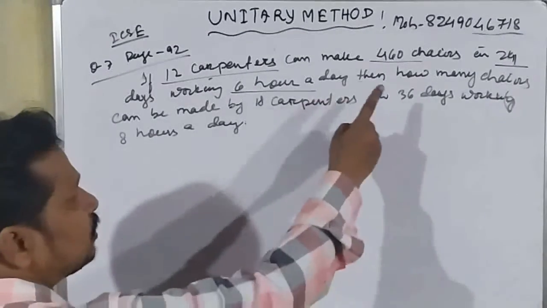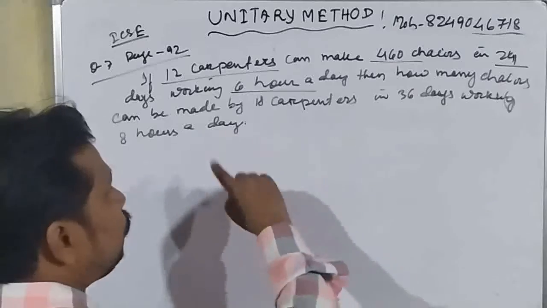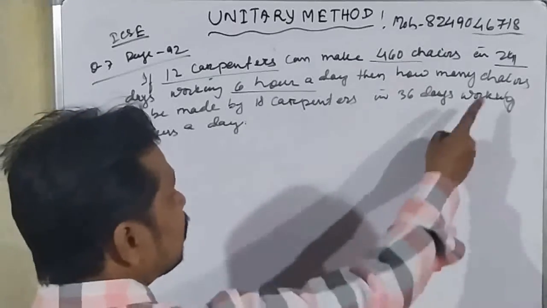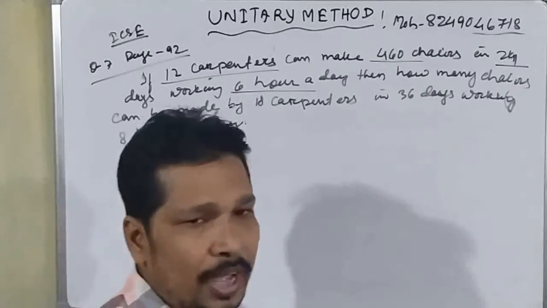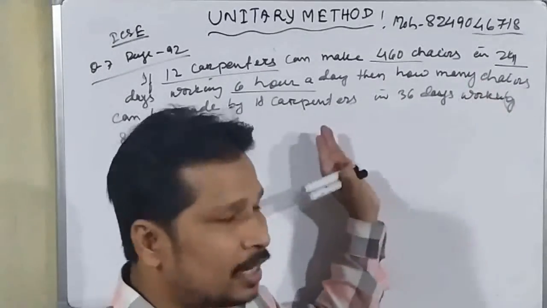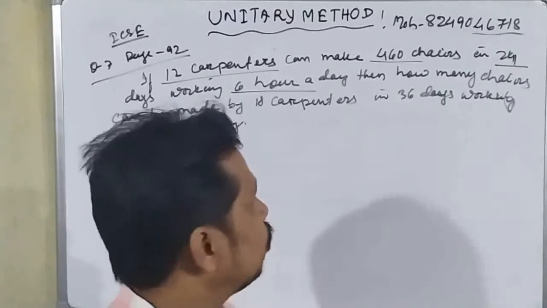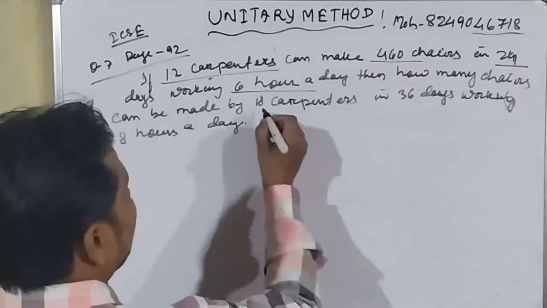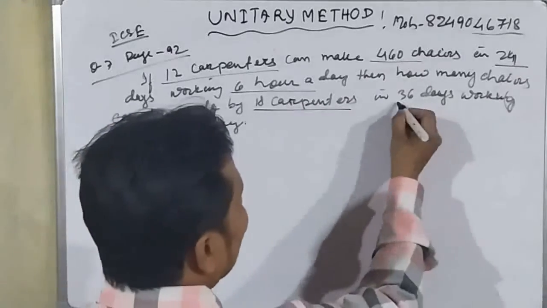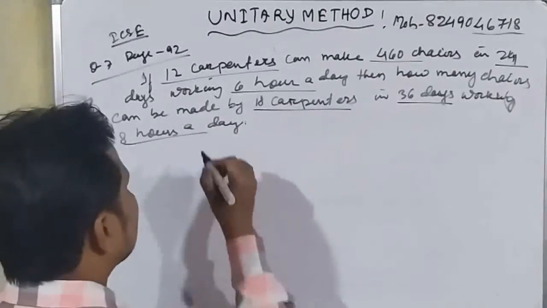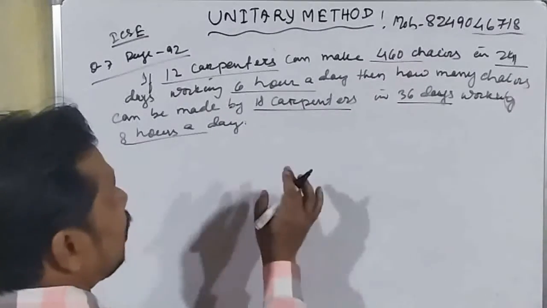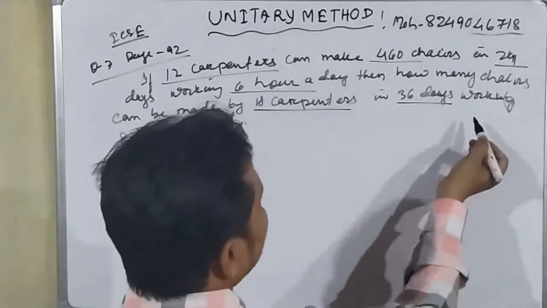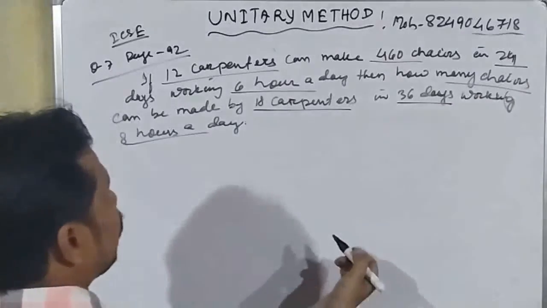That is, number of chairs is asked. So, we have to find out the value of number of chairs. That means we have to write the number of chairs at the last of the statement. Okay, student? So, number of chairs is not given, and number of people is 18 carpenters, 36 days and 8 hours per day. So, we have to write at the last the number of chairs. Okay, student?